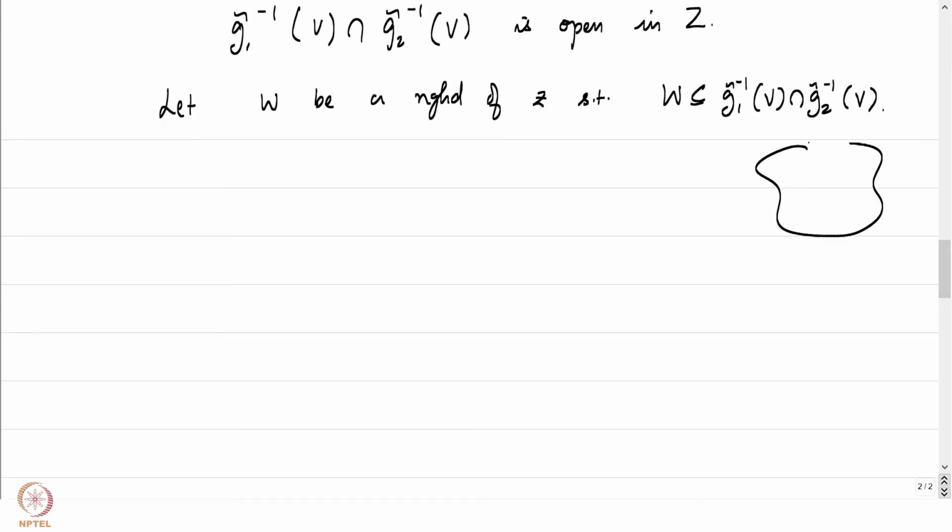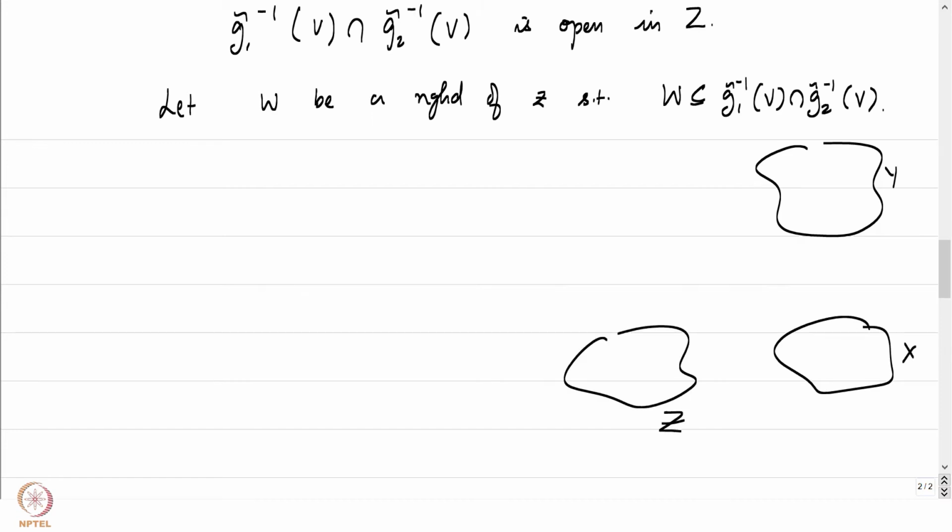So suppose this is our Y, and suppose this is our X, and suppose this is our Z. What was done was, we had a point here which was say Y, and this is our V, and let me shade it in red.